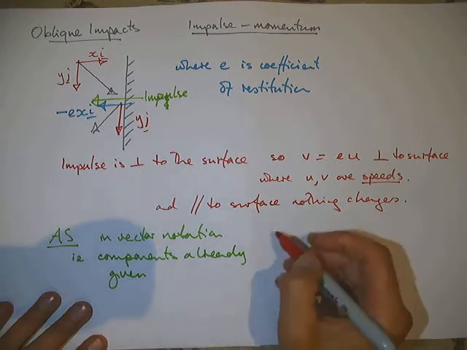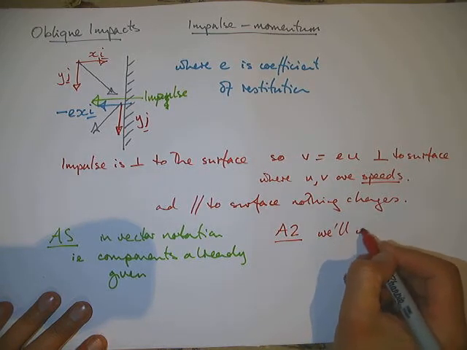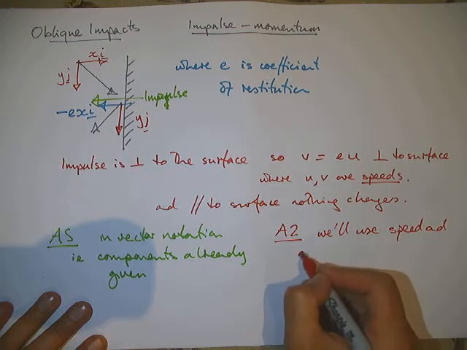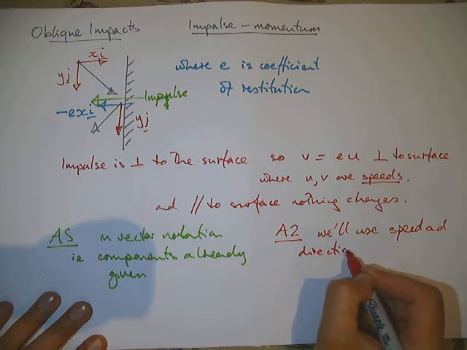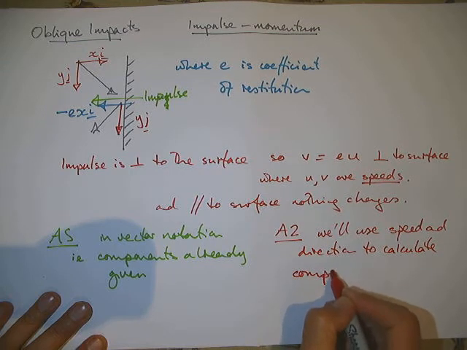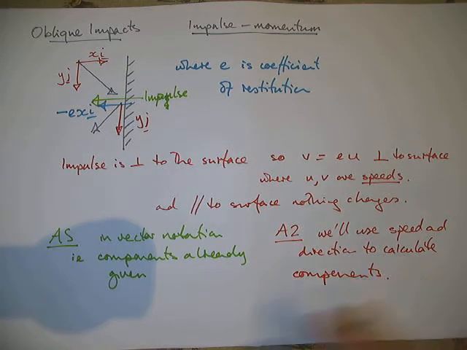At A2, we'll use speed and direction to calculate components. And by all means, if you want, read ahead on page 149 and 150 and things to look at that, because you will notice in terms of what we need to do this year, it might be we just do this as immediately the next topic.